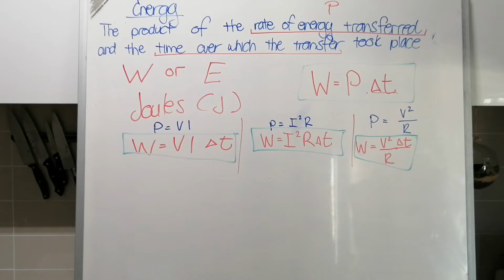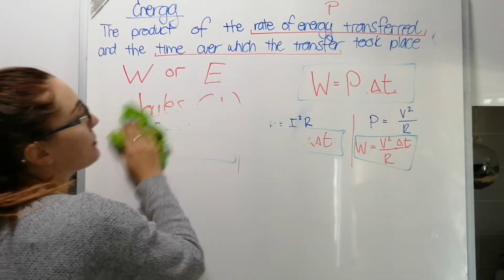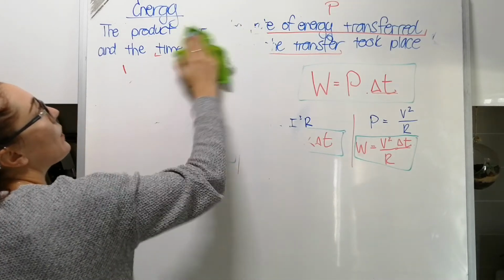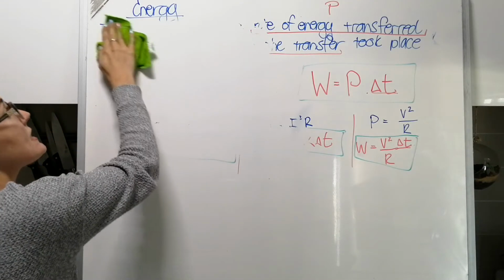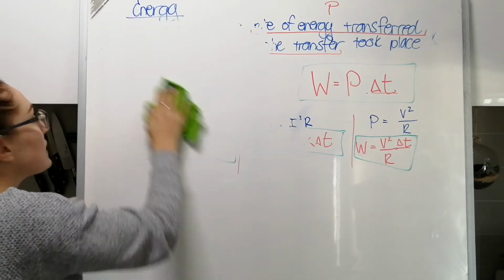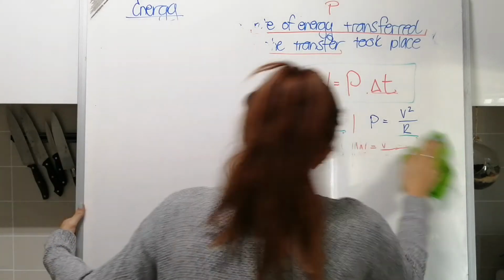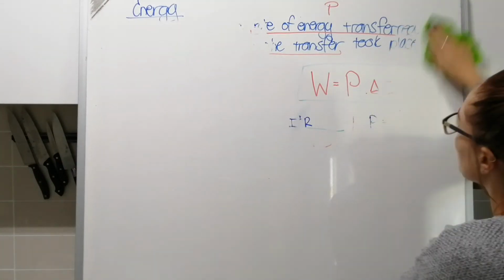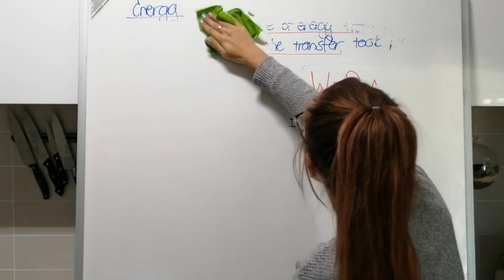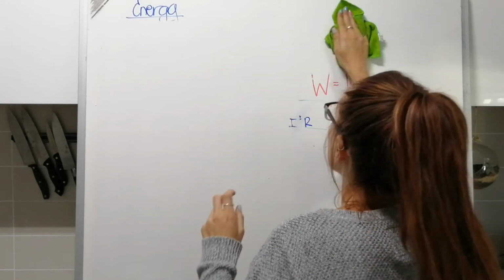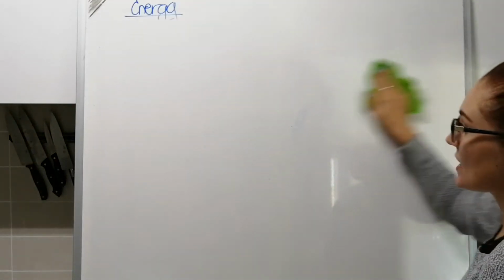Okay, then the last thing that I want to talk about before we do an example is the kilowatt hour. I don't know if any of you guys have prepaid electricity, and when you or your parents buy electricity, they might talk about how many units you have. Those units of electricity are kilowatt hours. You are charged for electricity in your household per kilowatt hour.